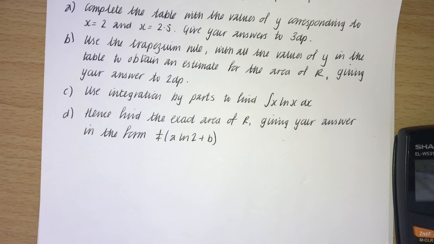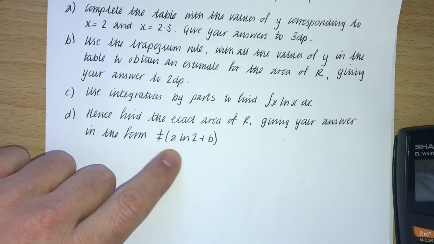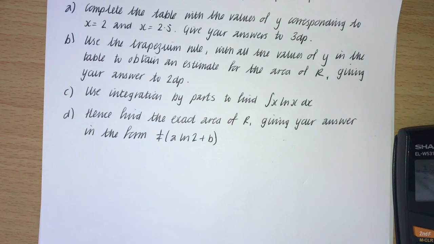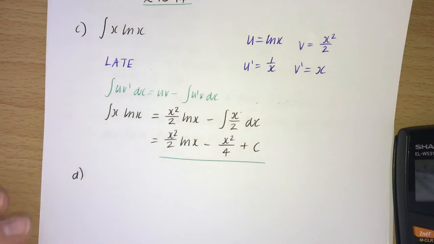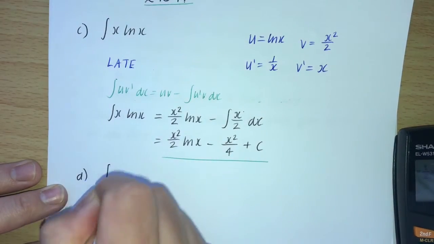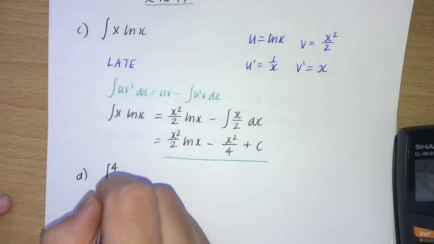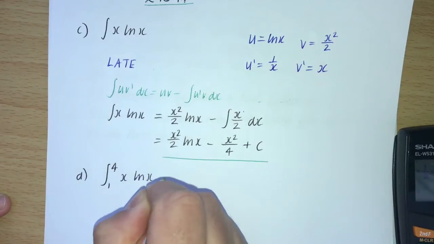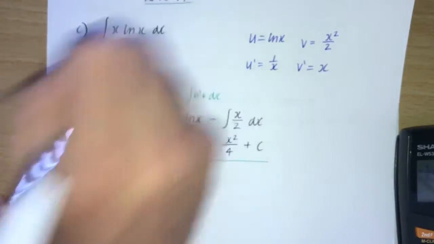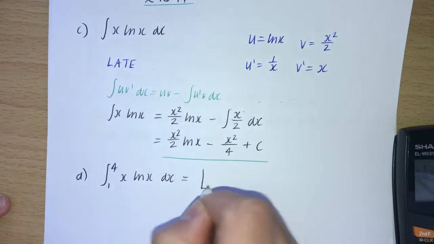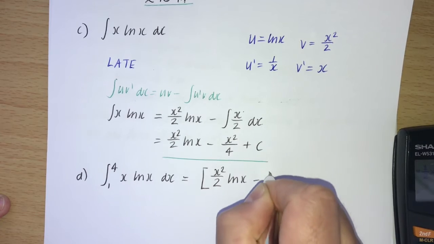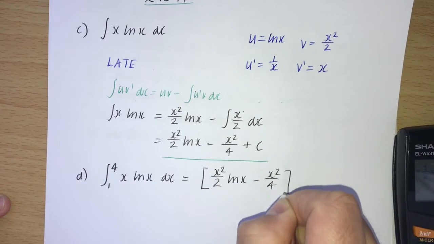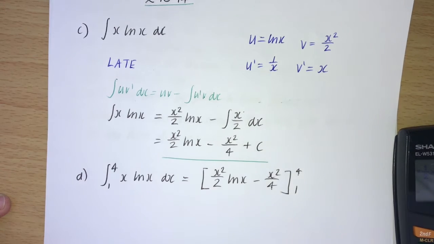Part d of the question. Hence, find the exact area of R, giving your answer in the form a quarter a ln 2 plus b. So we're being asked to integrate from 1 to 4 x ln x dx, and we know that that integrates to this, so we don't need the plus c, from 1 to 4.